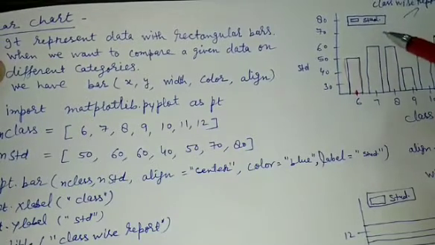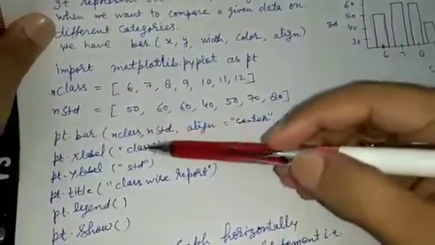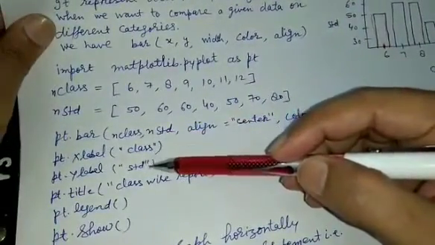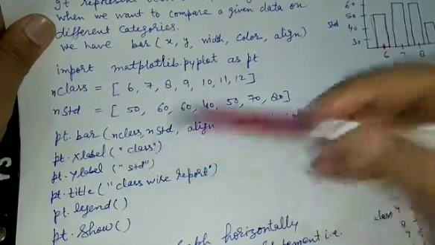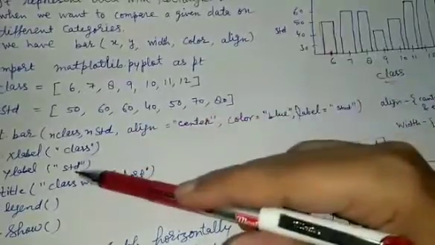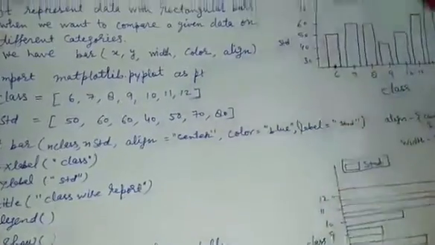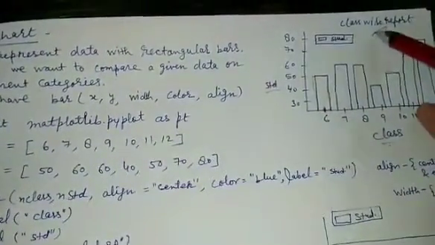Bar represents students. Okay. So next is the very familiar code for you: xlabel class, ylabel student, and title class wise report. You can see.